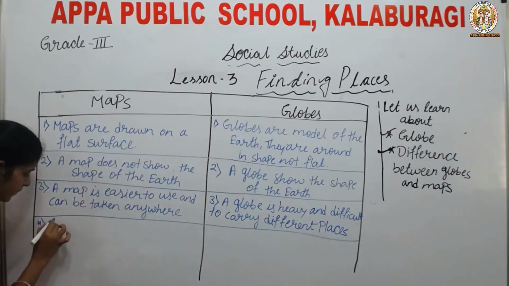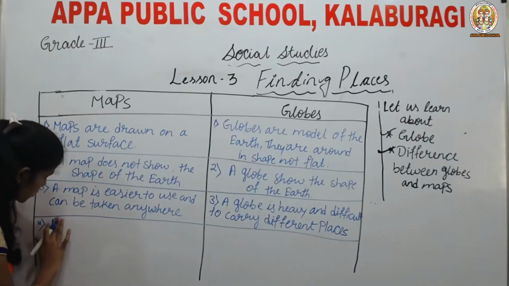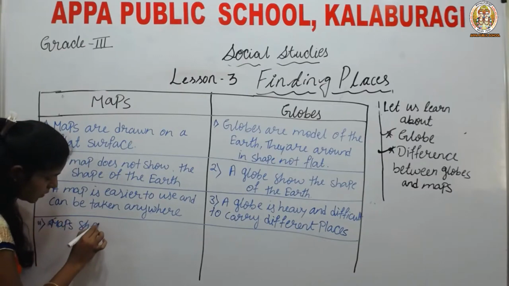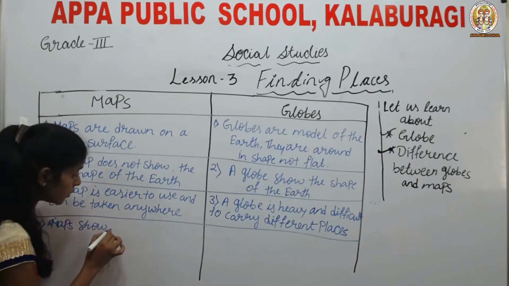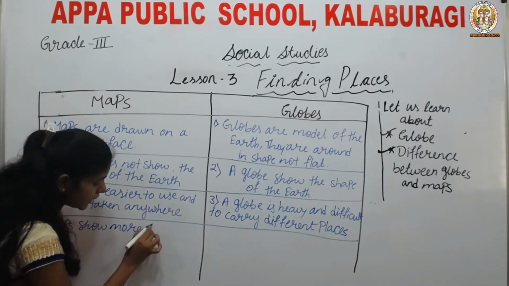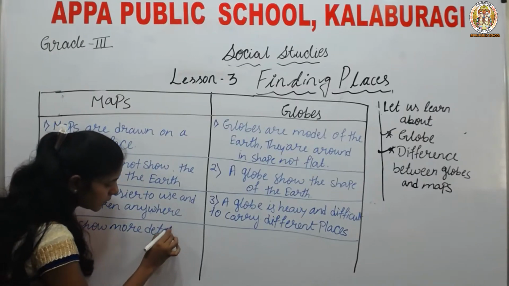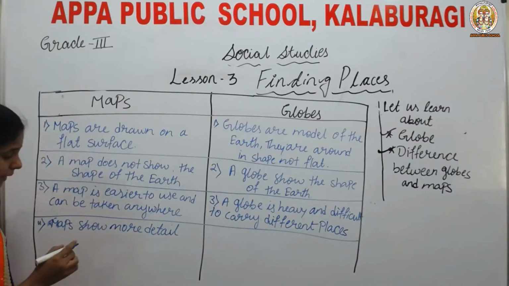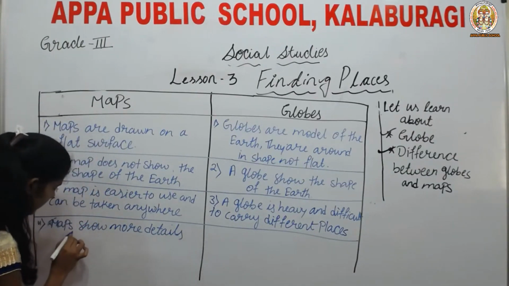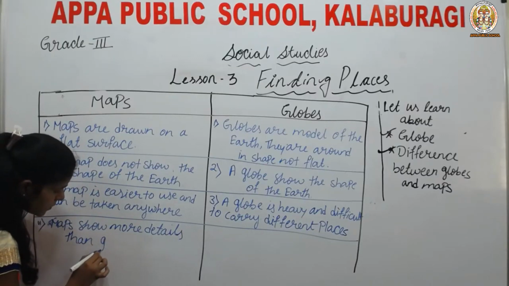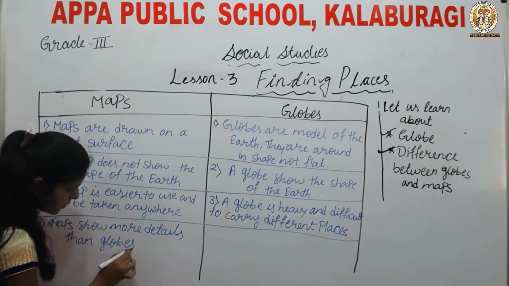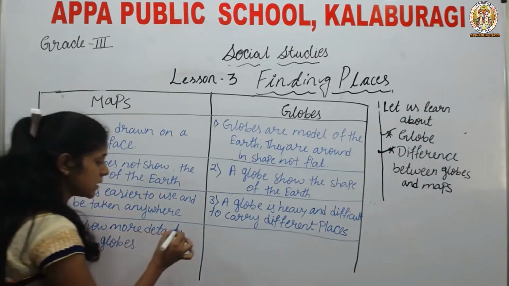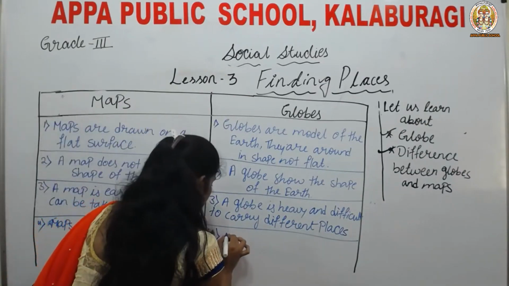Next, see here, maps show more detail. A map shows more details than a globe.